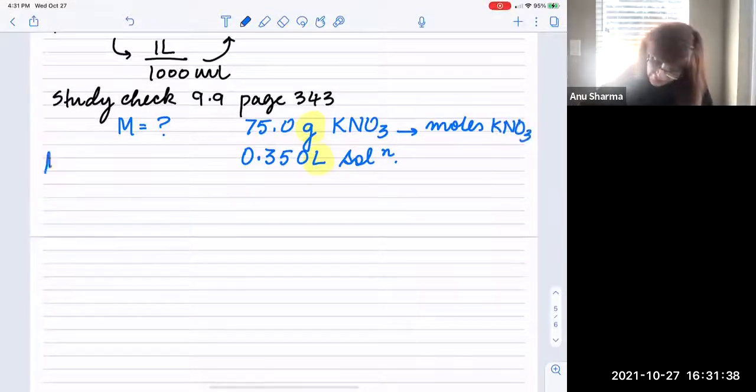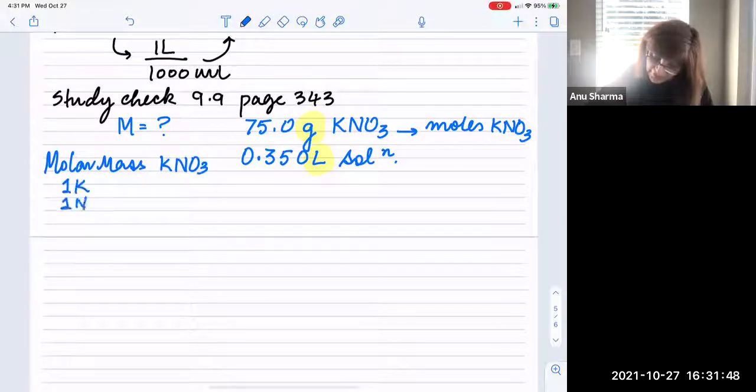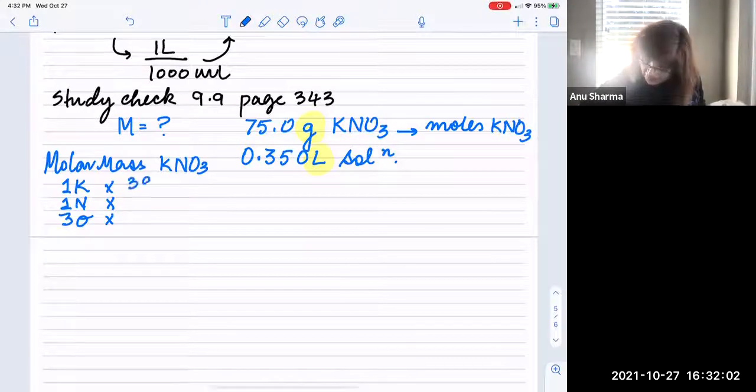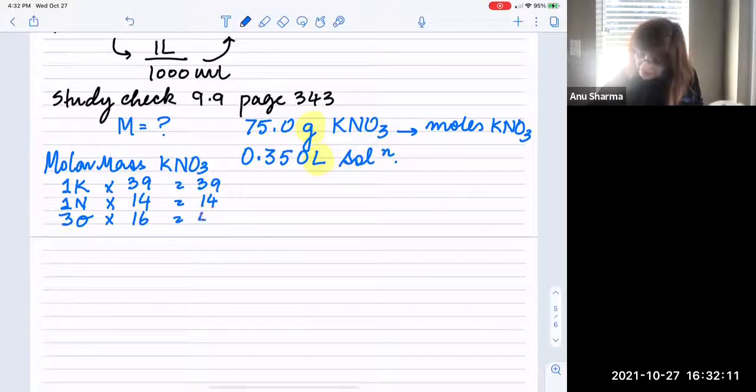Here we are going to find the molar mass of KNO3. We have 1 potassium, 1 nitrogen, and 3 oxygens. The mass of potassium is 39, nitrogen is 14, and oxygen is 16. 3 times 16 is 48.